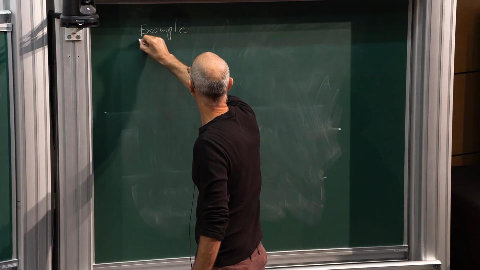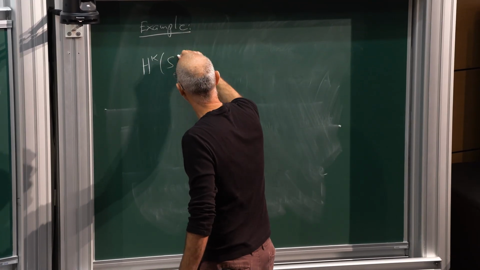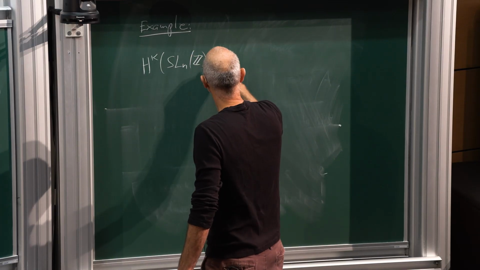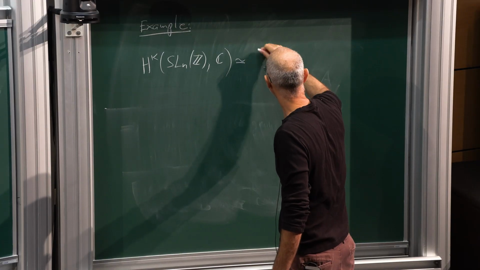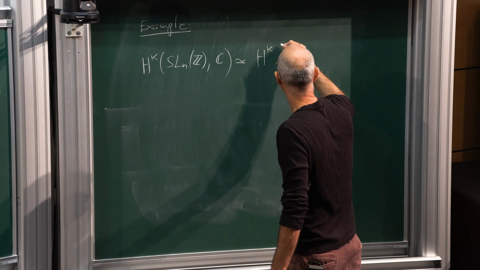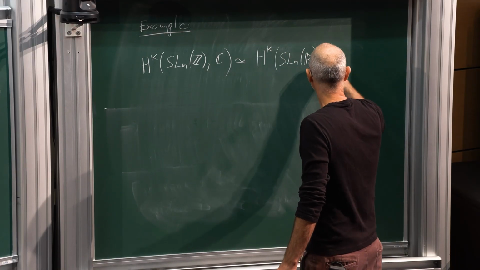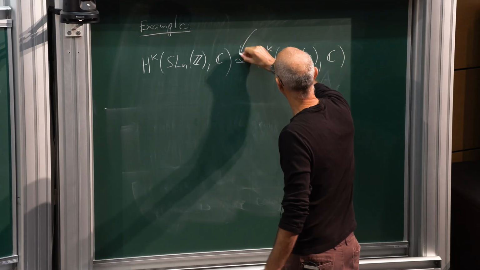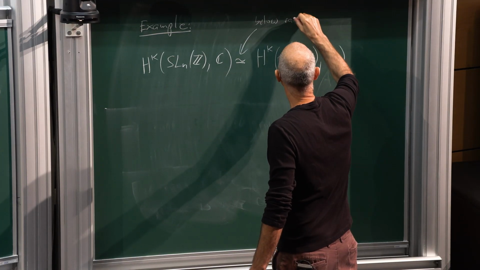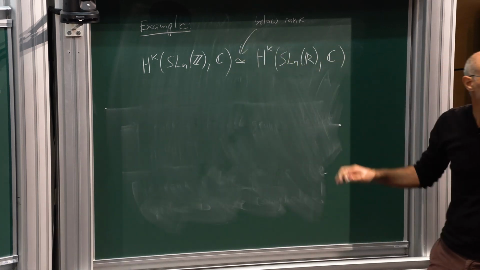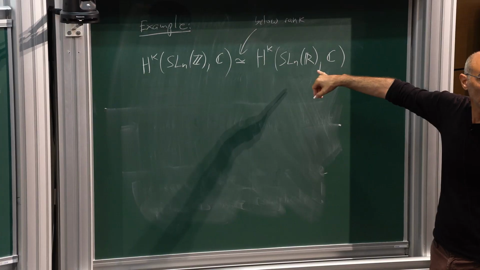Let me give the following example. H^k of SL_n(Z) with trivial coefficients, I claim that it is the same as for SL_n(R) with trivial coefficients. This is below the rank. Again, this is not a trivial statement. This follows from my work with Roman Sauer. But this one is well understood.